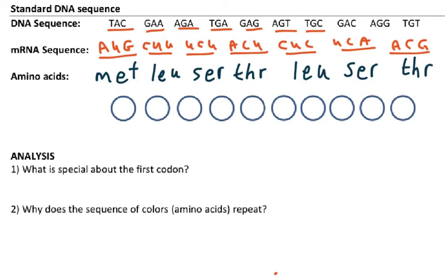Using the color chart at the start of our activity, we can now use markers to color in our amino acids.